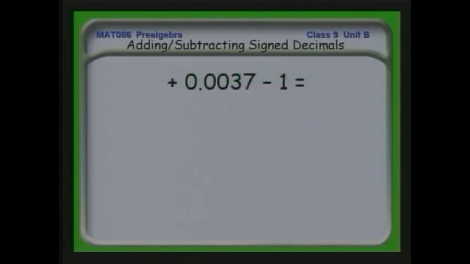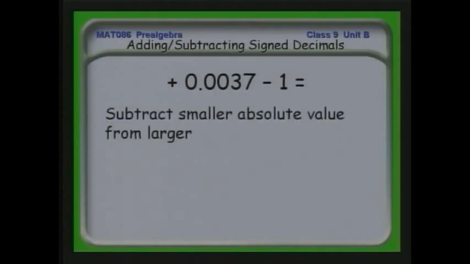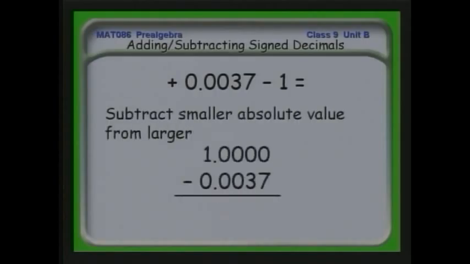Let's look at another case. This is interesting. It's plus 0.0037 minus 1. Again, we subtract the smaller of the values from the larger, and in this case, again, we're going to need to continue: 10 minus 7 is 3, 9 minus 3 is 6, 9 minus 0 is 9, 9 minus 0 is 9, because we've continuously been borrowing from the digit to the left.